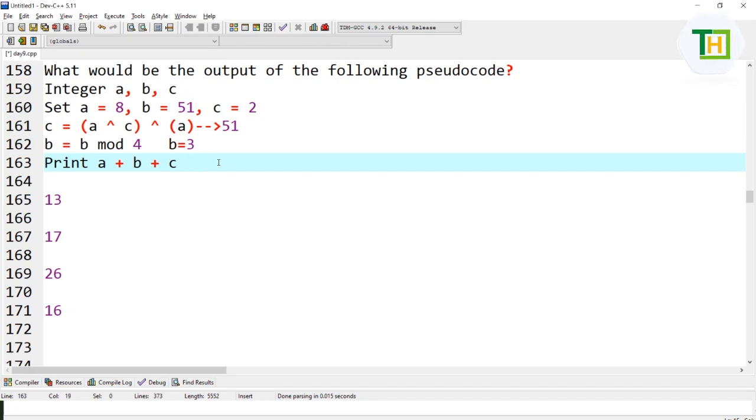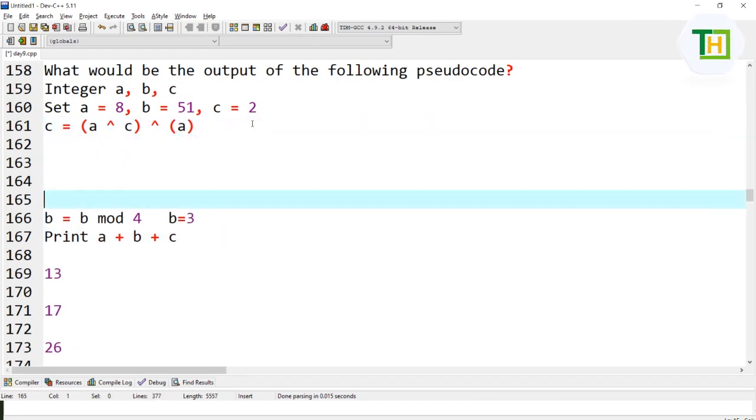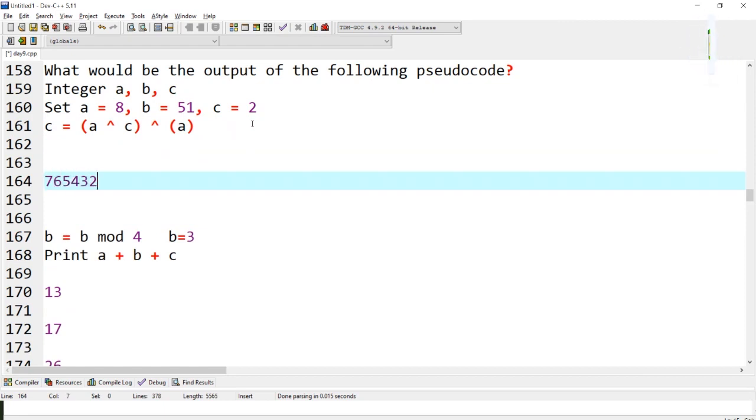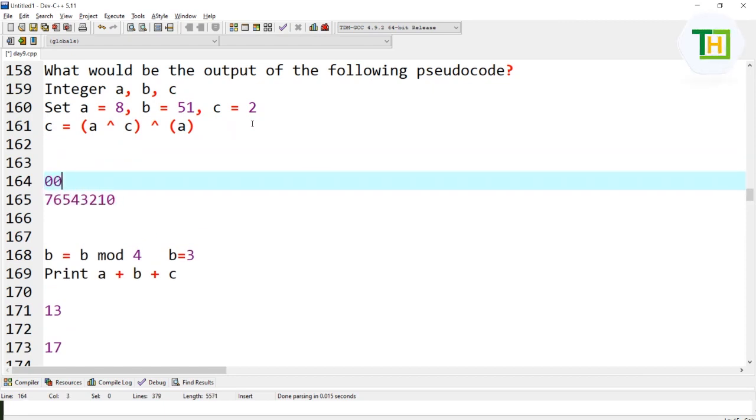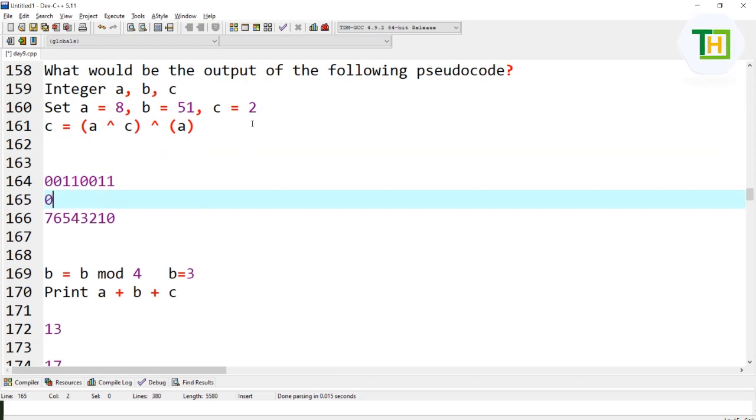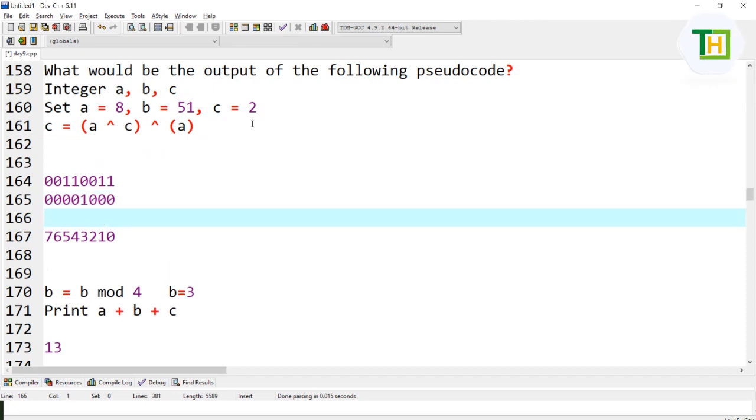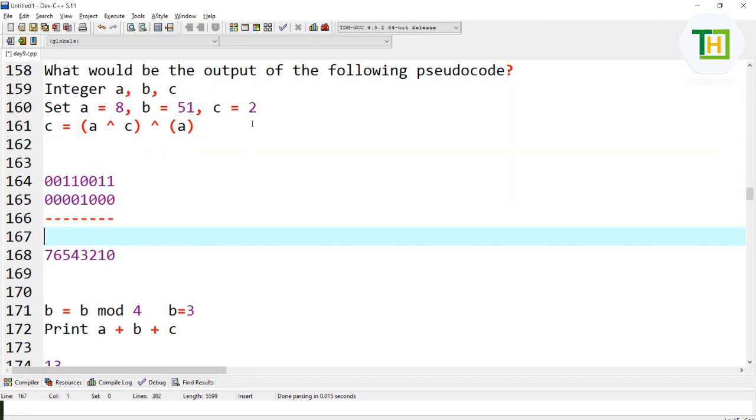I think something is missing here. C value, 6 5 4 3 2 1 0, 0 0 1 1 is going to be 48 plus 3, 1 1, and A binary is going to be 0 0 0 0 1 0 0 0. This is going to be 8 and I'm going to apply bitwise XOR gate.